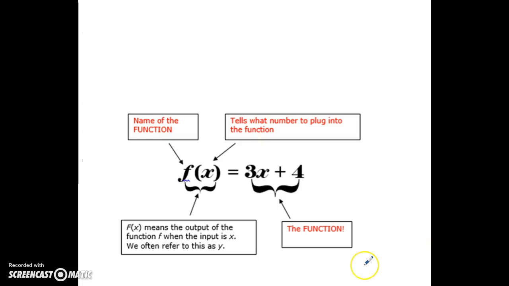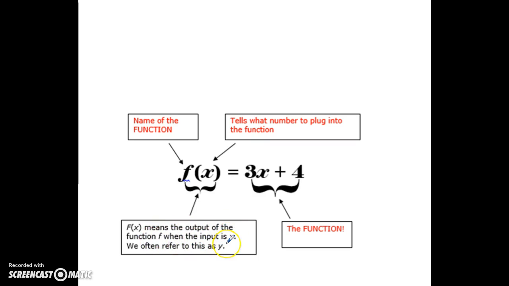You have this diagram in the middle of that half sheet. So while I'm talking about it, go ahead and start writing, or you can pause to write and then listen to me talk. It's up to you. This whole part, f of x, means the output of the function f when the input is x.